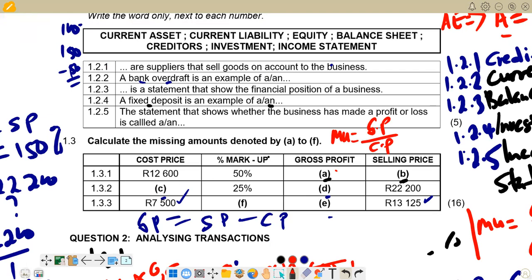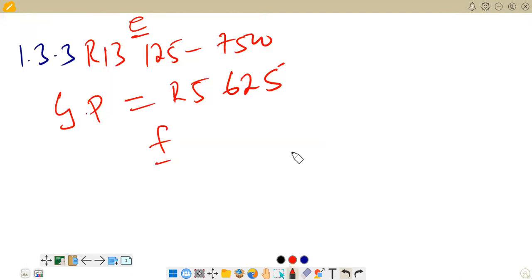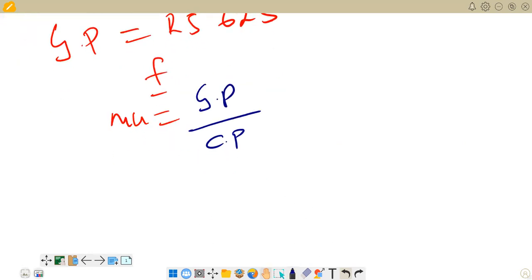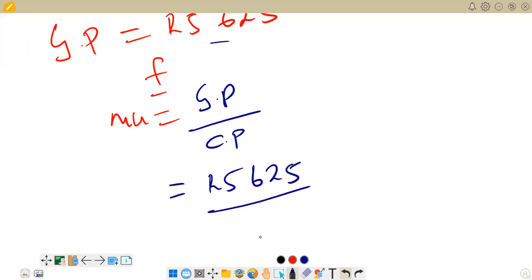So we go down and say the markup is 5,625 over our cost price of 7,500.